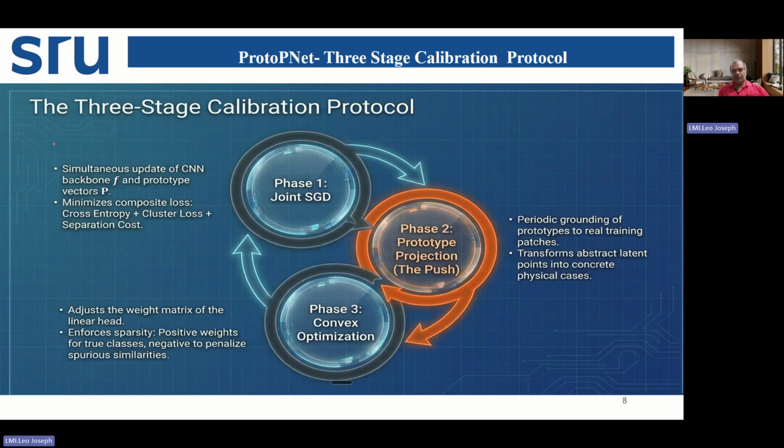First, what we are doing is joint SGD. Okay, so phase one is the backbone stage, that is the CNN stage. This uses cross entropy plus cluster loss plus separation cost. So these are the joint training terms. And phase two, what we are doing is prototype projection. We are projecting the prototypes. First, we are getting the images, converting them into prototypes as small projections, and we are focusing on them.